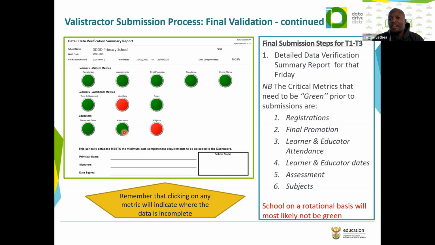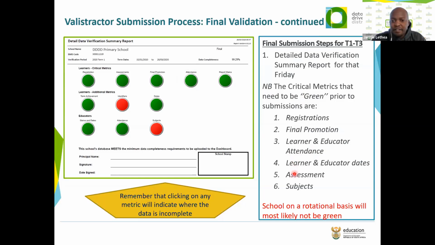So we really don't have a reason to make an excuse and say at the end of the term we don't have attendance for 2 weeks, because it needs to be captured weekly, every Friday. If this one is not at 100%, the validator will not allow you to submit. That is why we are saying it is a critical metric. Here it is learner and educator attendance.